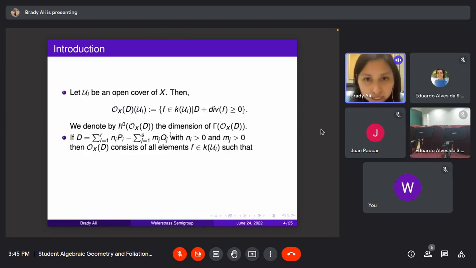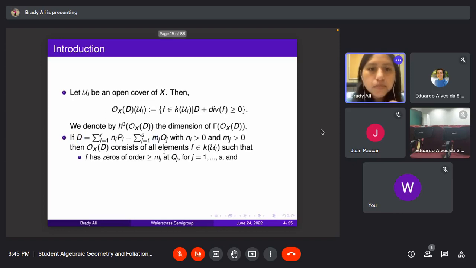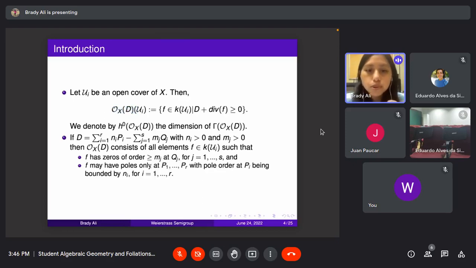So how can we interpret the rational functions that belong to this sheaf? If we write this divisor D as the finite sum of n_i p_i minus the finite sum of m_j q_j, where n_i and m_j are greater than 0, then the rational functions that belong to this sheaf are such that f has zeros of order greater than or equal to m_j at the points q_j, and f may have poles only at the points p_1 through p_r, with pole order at p_i bounded by n_i.